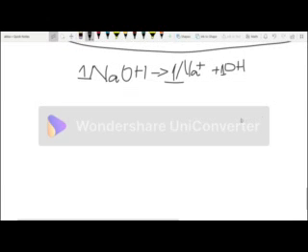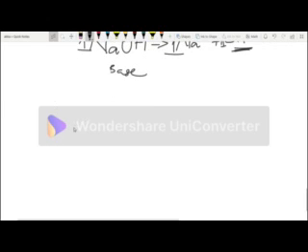So now with this one, because this is a base, we want to form the OH group, which is this group. So we have to crack it first. So now the mole there is 0.01. Then they say calculate the pH.